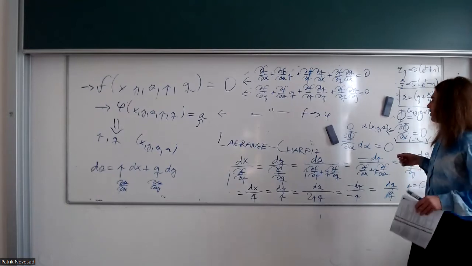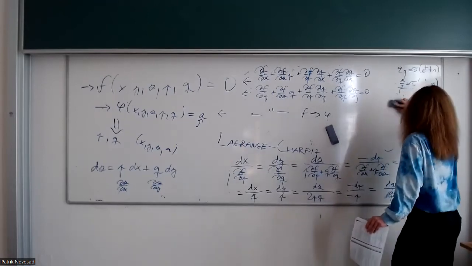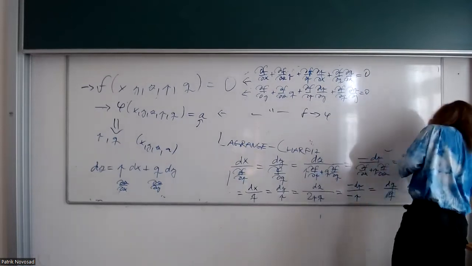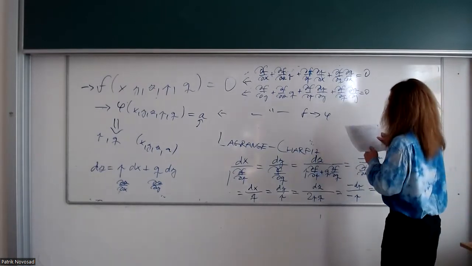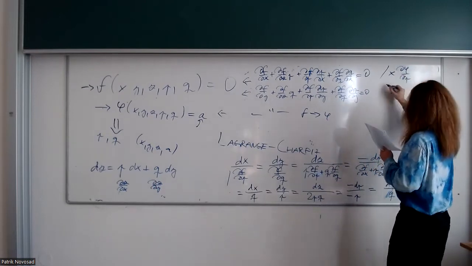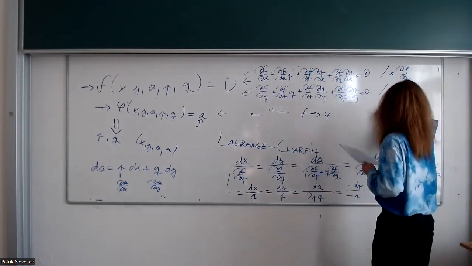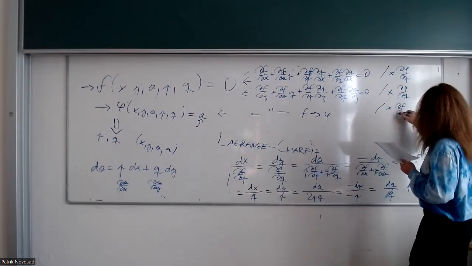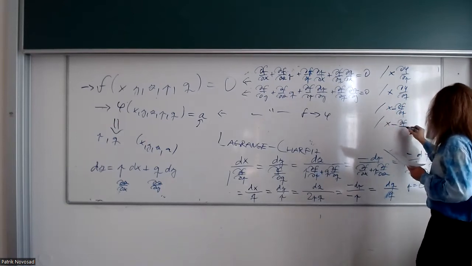So now I have four equations of such a kind, and I can do a little trick with them. I can just multiply the first by d phi dp, the second by d phi dq, the third by df dp, with the minus sign, and the last one with df dq.